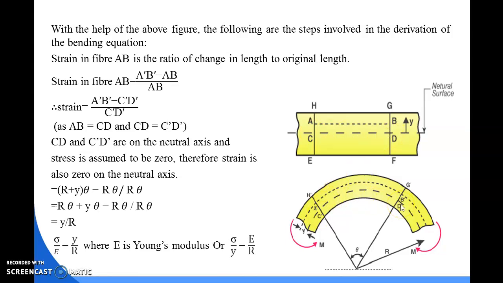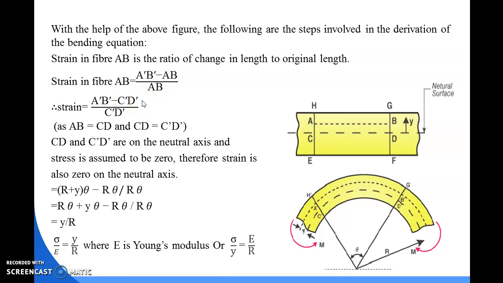So it is unchanged according to the assumption. And we know that before the application of moment, CD is equal to AB. So we can say AB is equal to C dash D dash. Hence, in place of AB, we can put C dash D dash.